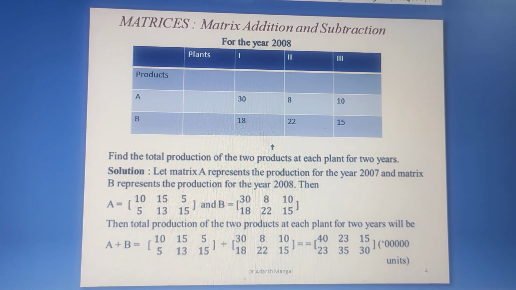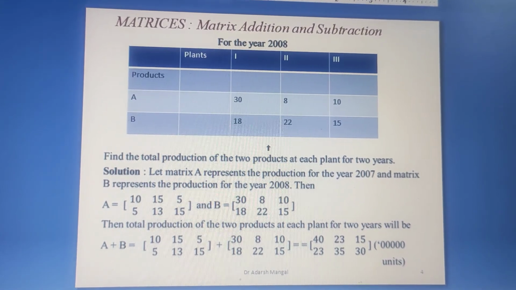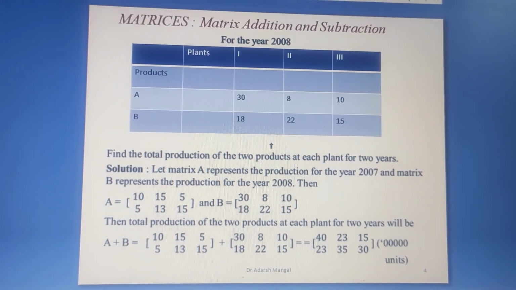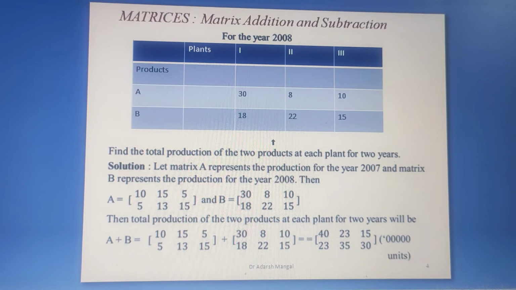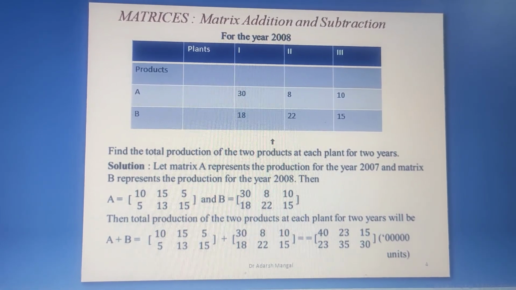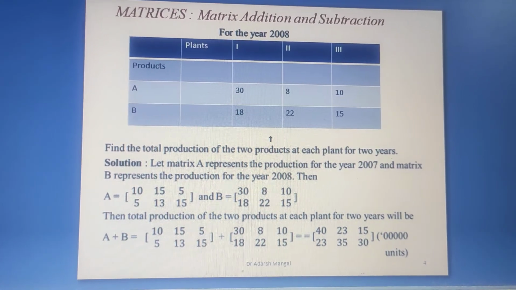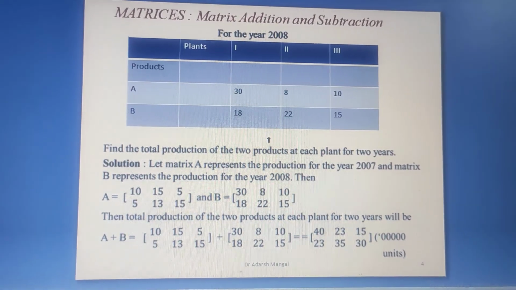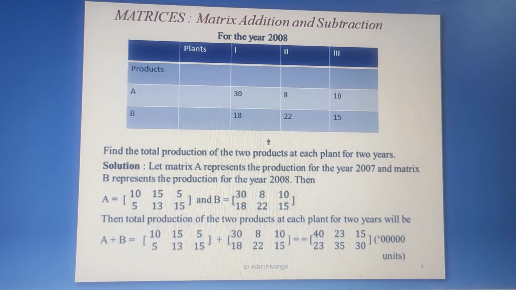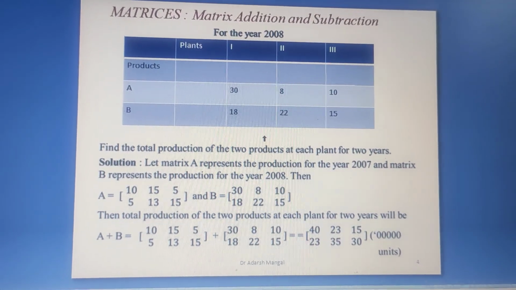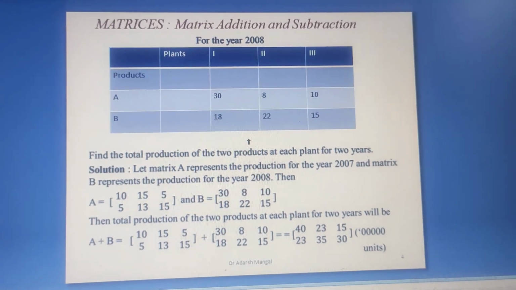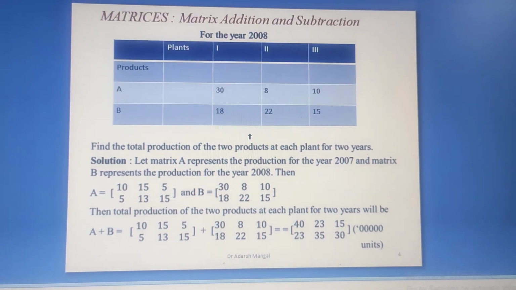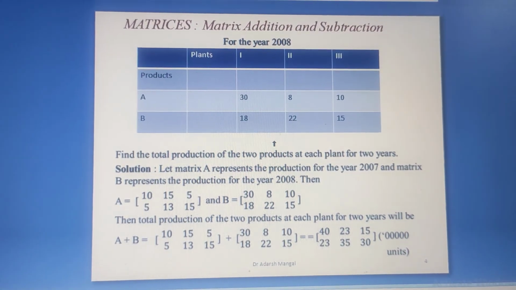Now, we can find the total production of the two products at each plant for 2 years as A plus B. Now, 10 plus 30 is 40, 15 plus 8 is 23, 5 plus 10 is 15, 5 plus 18 is 23, 13 plus 22 is 35, and 15 plus 15 becomes 30. That is the total production of the two products at each plant for 2 years. This is the method for matrix addition.